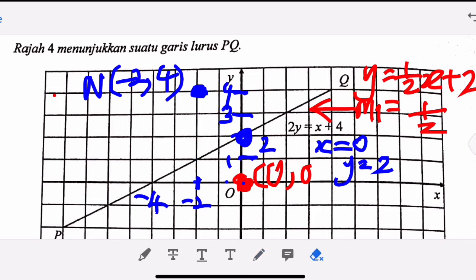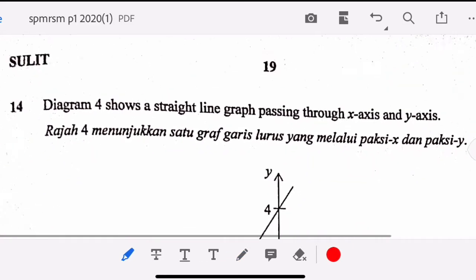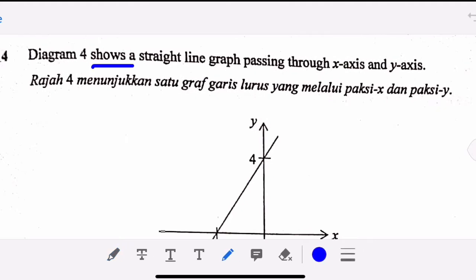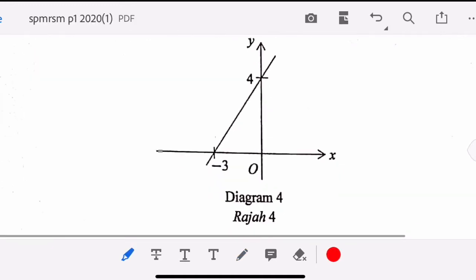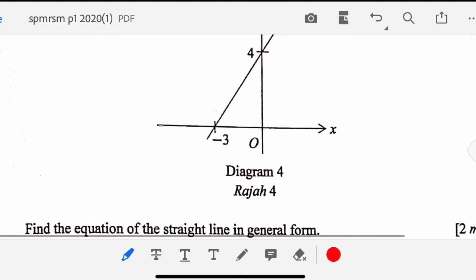Normally when we label, we will just put a dot and label as negative 2, 4. Alright, so we have solved this one. Now let's proceed to question 14. Diagram 4 shows a straight line passes through x-axis and y-axis. Find the equation of straight line in general form.